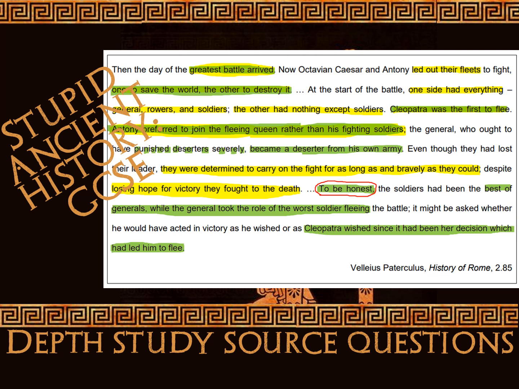It should be pretty clear to anyone who's got any idea about this, or even if you haven't, this is an obvious hatchet job. From the start, it's Octavian who's saving the world, and Antony and Cleopatra are there to destroy it. It's clearly pro-Octavian, pro-Augustan. So that's the first thing we could definitely throw in about this idea of, is it reliable?